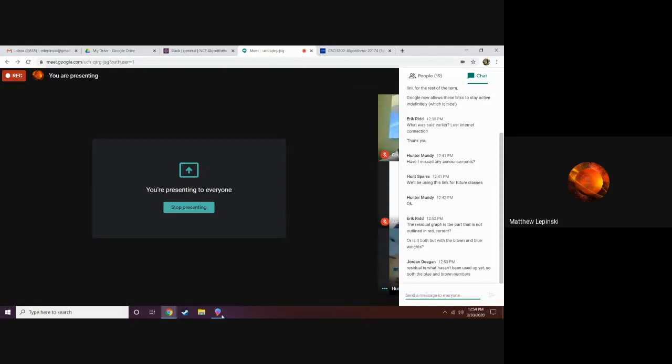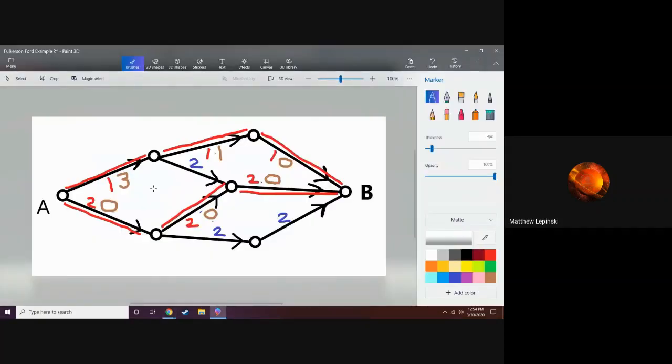So excellent question. This is the residual graph, and to answer another question, the brown numbers are what is left over.